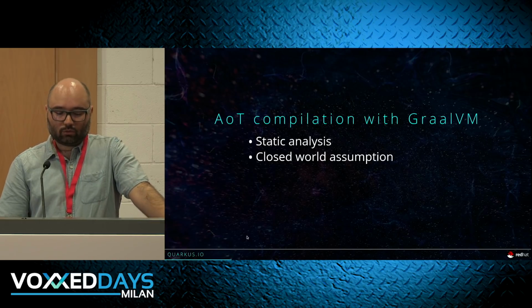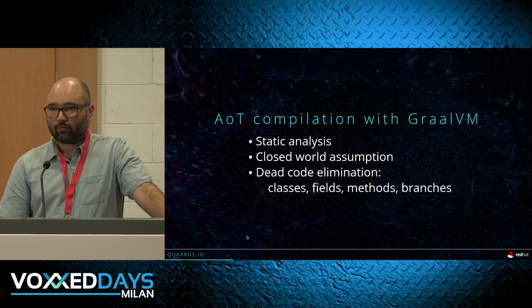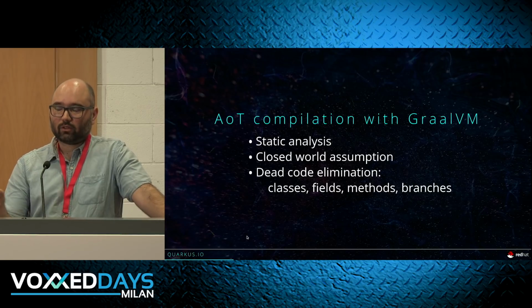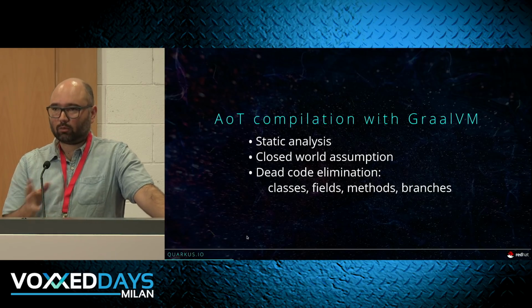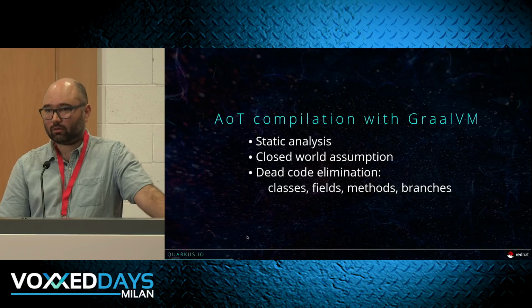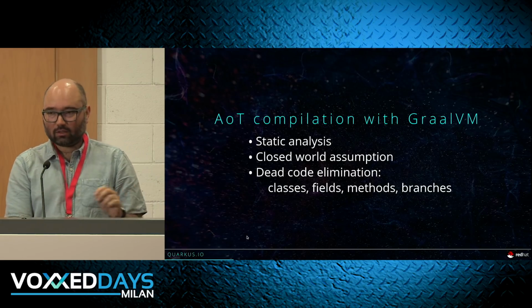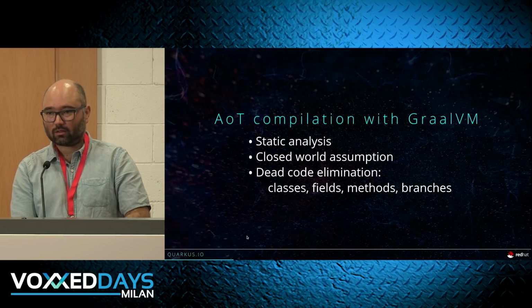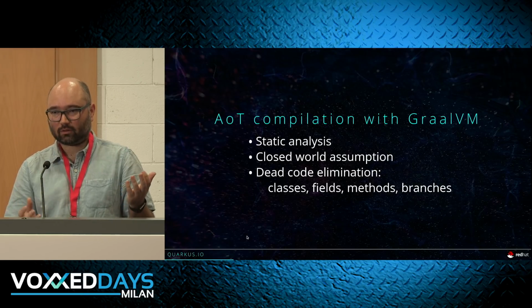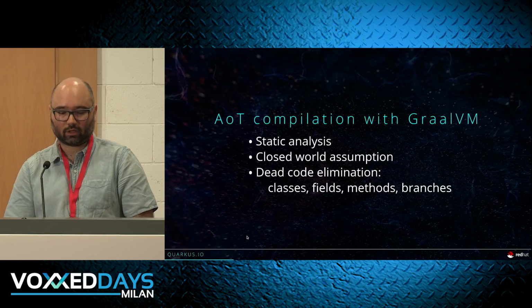Now this allows, though, to do that code elimination very, very aggressively. So if there is a method which is not invoked by some of your code, it's being deleted because what is its purpose? There is no use for this. This is not just methods, it's fields, classes, and entire branches inside methods. So it's extreme aggressive pruning.